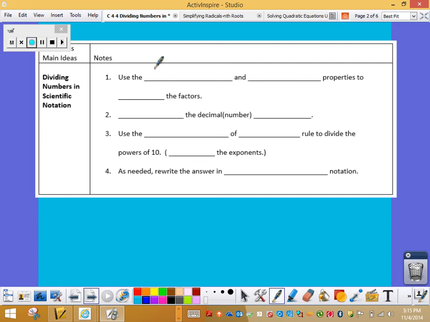Here we're looking for the same two words that we've been using, commutative and associative properties, meaning it doesn't matter the order that you're multiplying in, so we can make these things look nicer and easier to work with. And that is to reorder the factors. Okay, so that's step 1 to dividing a number in scientific notation.